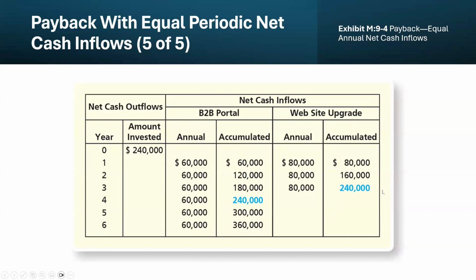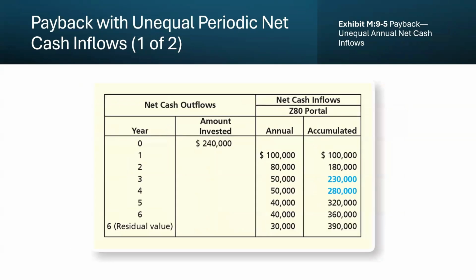As I stated earlier, the website upgrade is more attractive, right? Because you're able to see the results within 3 years as compared to 4 years, where they wanted the $240,000. The payback equation works effectively only when net cash inflows are the same each period.